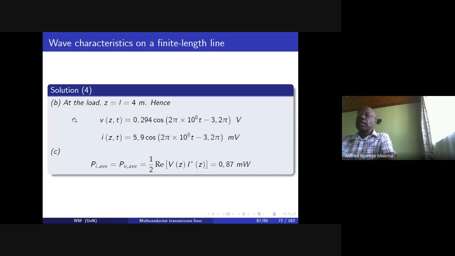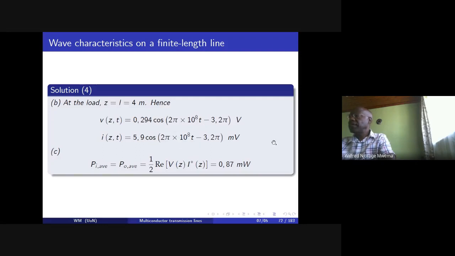B, at the load, we have z equal to L equal to 4 meters, and hence we can just replace the z with the value of L that we have there, that is 4 meters, and once we multiply through, we get a value of that nature. And if you like, you can now put this one across, that is, you can extract this one out using the trigonometric expansions to get only the cosine of omega t.